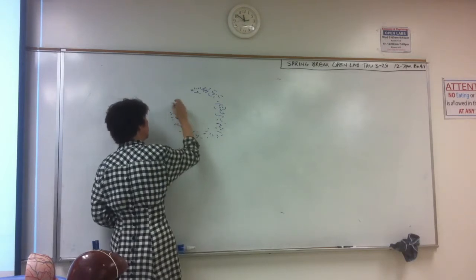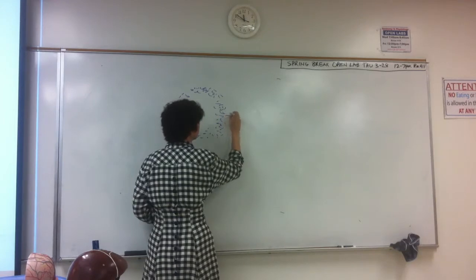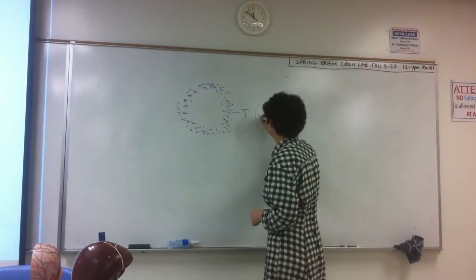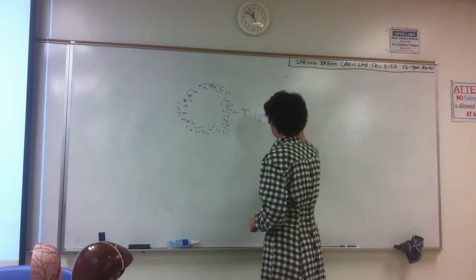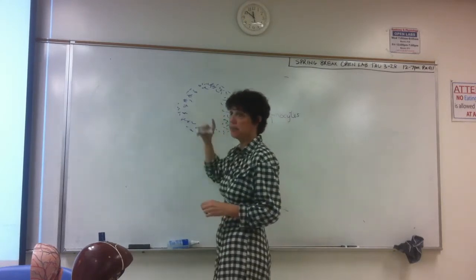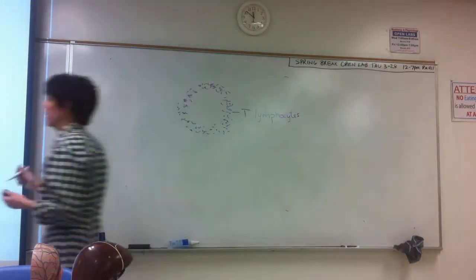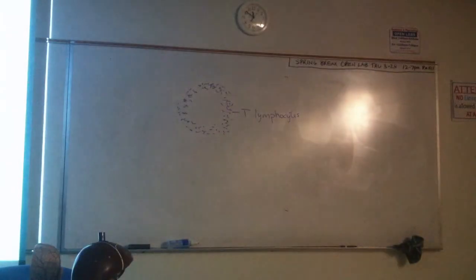These are T cells, T lymphocytes, on the outside, on the periphery, and B lymphocytes would be in the center. If you look at that, it seems like there's a lighter area, so they're not as dense. B cells are in the center, T cells are in the periphery.